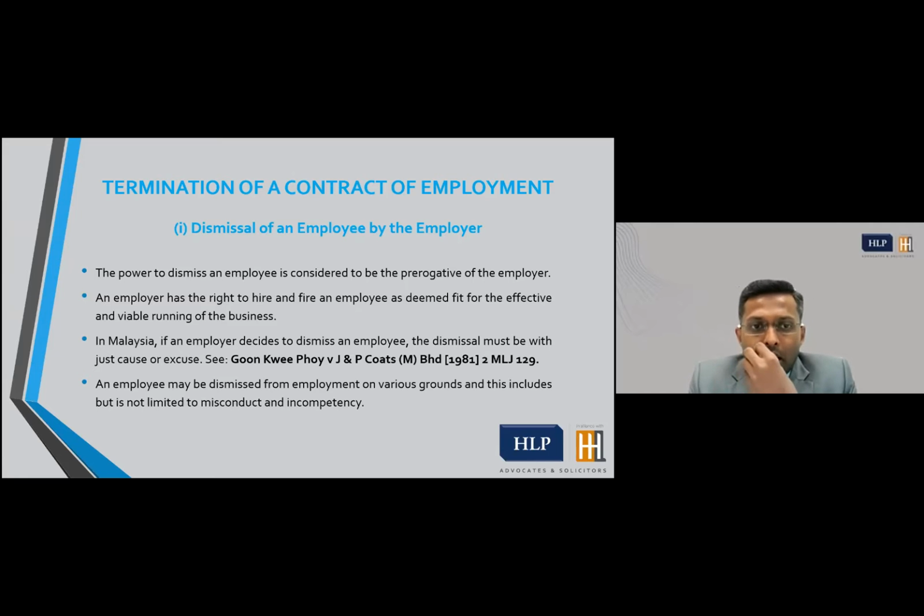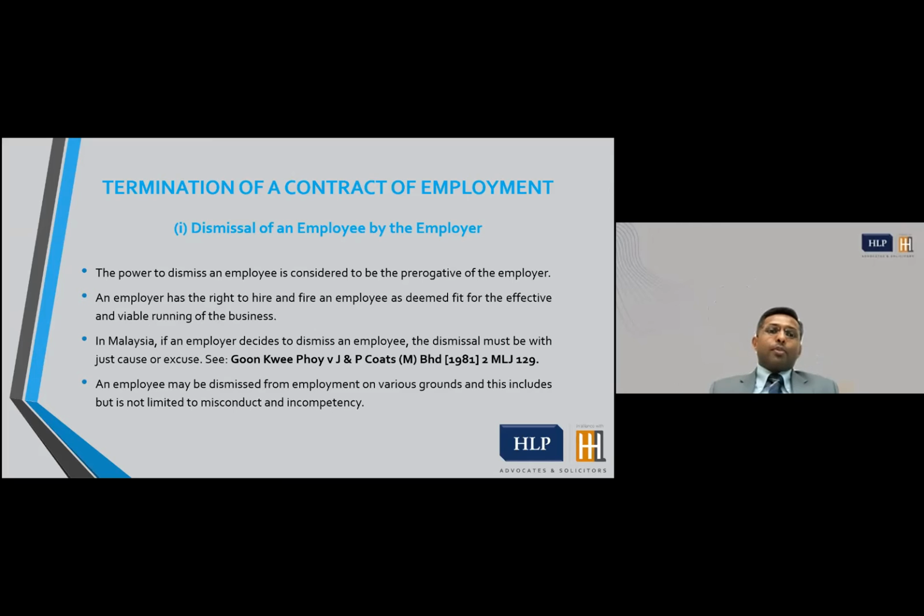However, if an employer decides to dismiss an employee, the dismissal must be with just cause or excuse, as provided for under Section 20 of our Industrial Relations Act 1967. So whilst an employer has a right to fire an employee for the effective and viable running of its business, it must ensure that it only terminates its employee in justifiable circumstances, failing which the termination would be held to be unlawful.